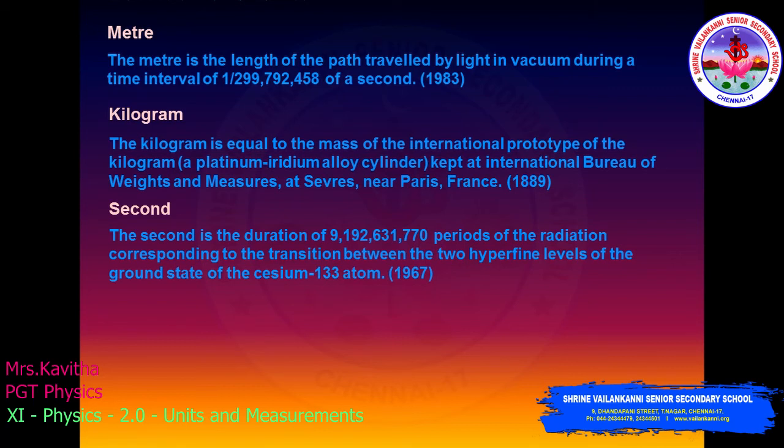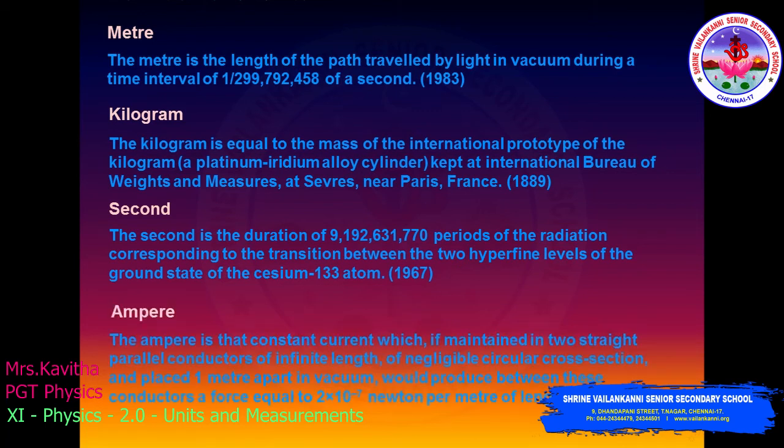Second: the second is the duration of 9,192,631,770 periods of the radiation corresponding to the transition between the two hyperfine levels of the ground state of the cesium-133 atom. These are the base definitions.